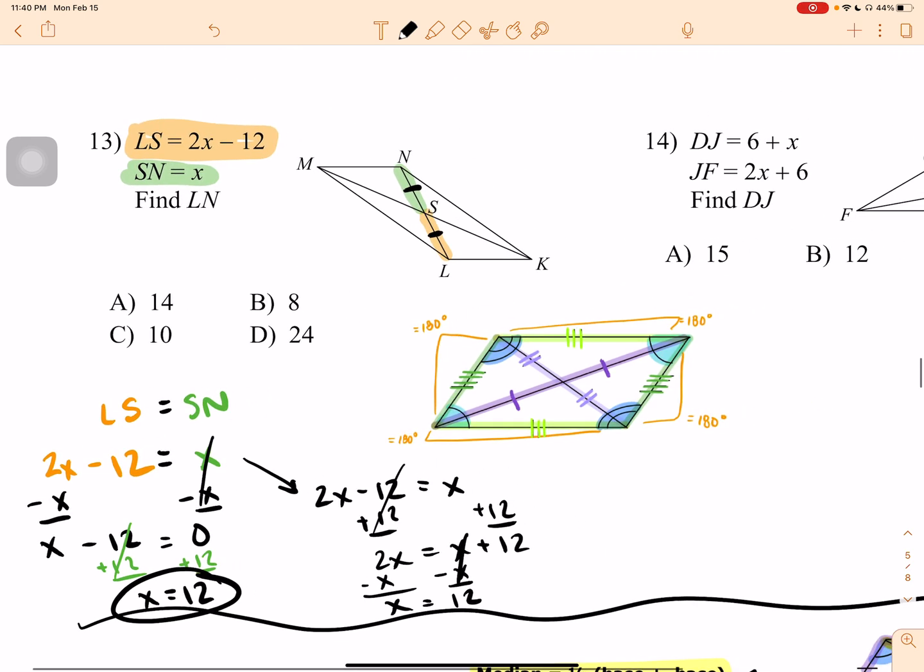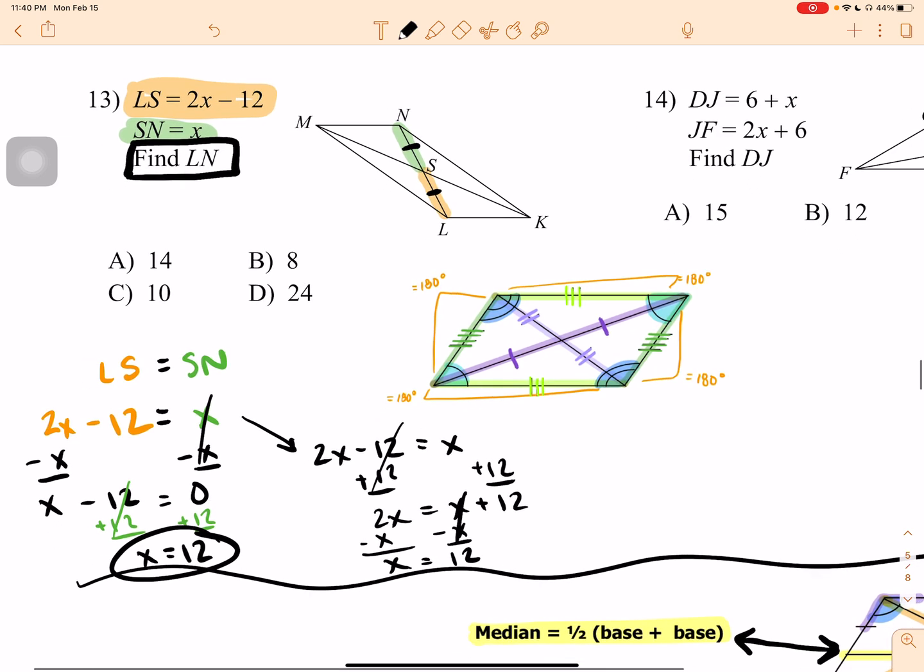All right, so we know x equals 12, but that's not what it wants us to do. It wants us to find LN. Okay, so now LN is the entire side. A little tricky, right? So if we know that x equals 12, and the LS is just x, then we know that's equal to 12.